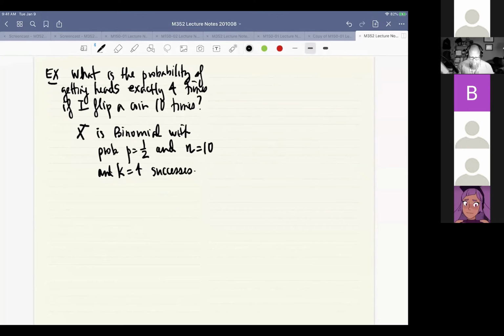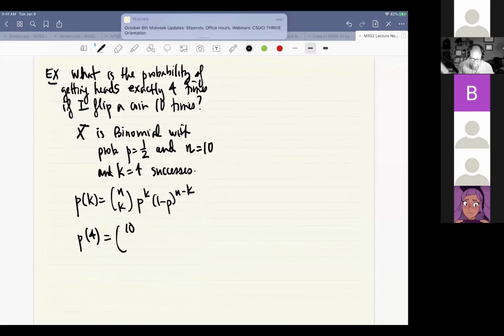So the probability mass function, well, let's do it this way. Is N choose K, P to the K, 1 minus P to the N minus K. So for us, we know what N, P, and K are. We want to calculate P of 4. Our N is 10.